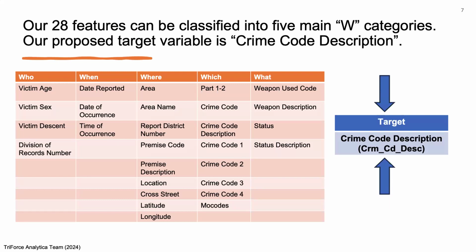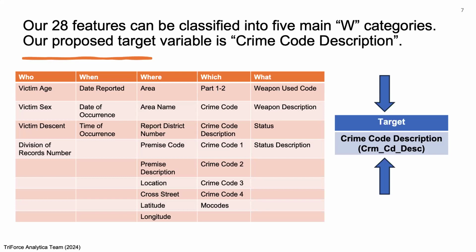So our target is actually the crime code description, which describes the crime code, because we have the crime code, which is just numbers, and then the crime code description, which actually states if it was a stolen vehicle, if it was burglary, and all of that. So we have 3 research questions, of which number 1 is about predicting the hotspots, which are the areas where we have the most crimes.